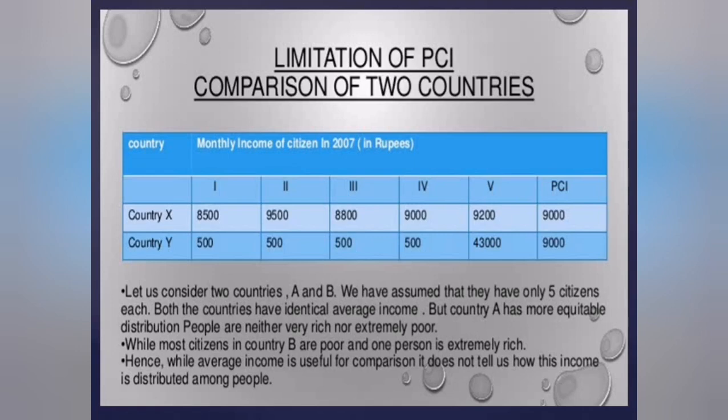Hence, while average income is useful for comparison, it does not tell us how this income is distributed among people. It cannot be considered a better indicator of economic development in these countries.